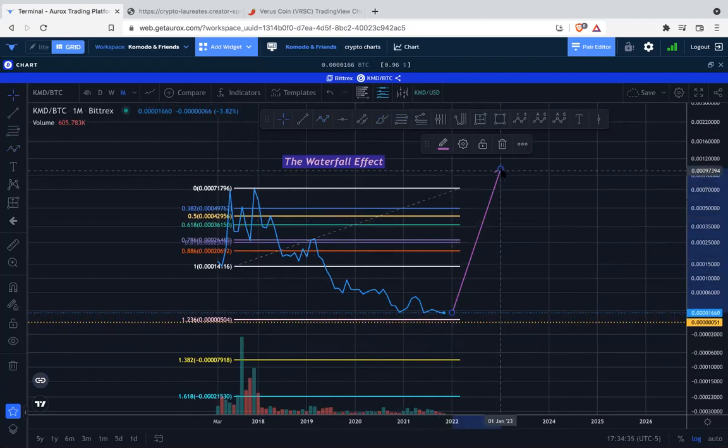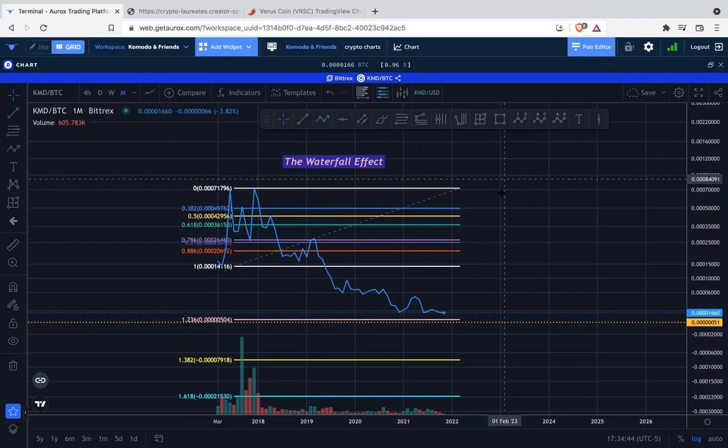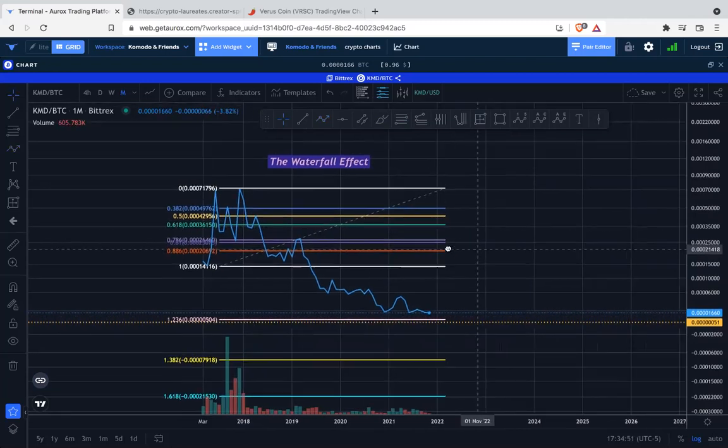The C wave has the potential to retrace the B wave more than 100%, so it could actually make new all-time highs. But my estimation is that's less likely, especially because of how close it got to the 1.236, and I'm going to be cautious and conservative.